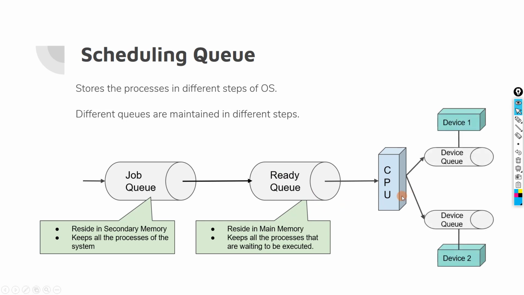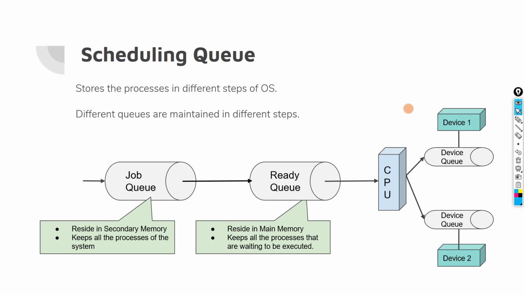And then there is another kind of queue, the device queues. You have multiple devices in the computer system, for example a monitor or a secondary storage device like a hard disk. These are the resources connected with the computer system, and multiple processes may require the same device.